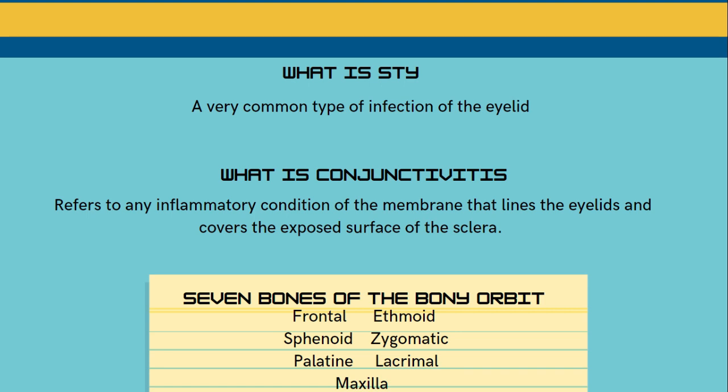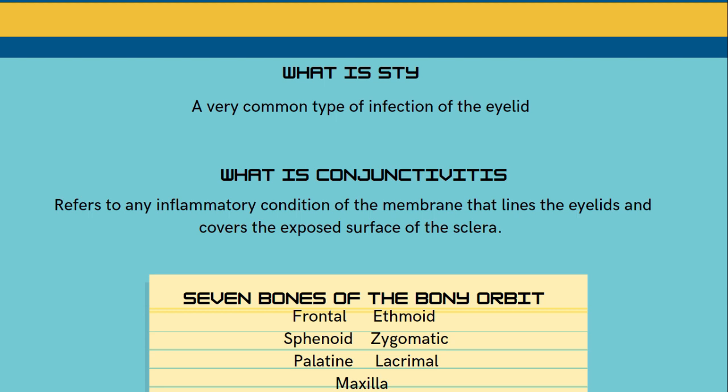Number 4. What is a stye? A very common type of infection of the eyelid. What is conjunctivitis? Refers to any inflammatory condition of the membrane that lines the eyelids and covers the exposed surface of the sclera.